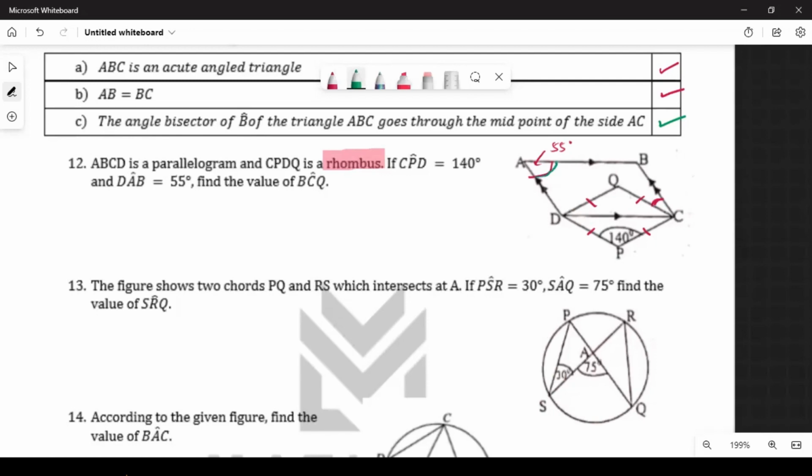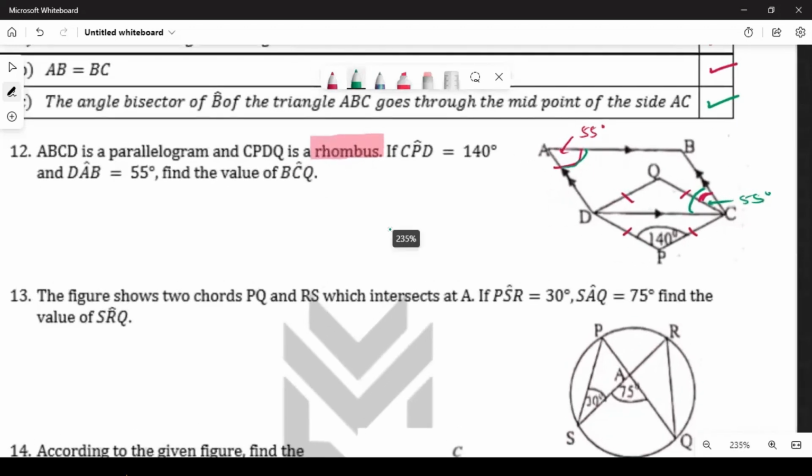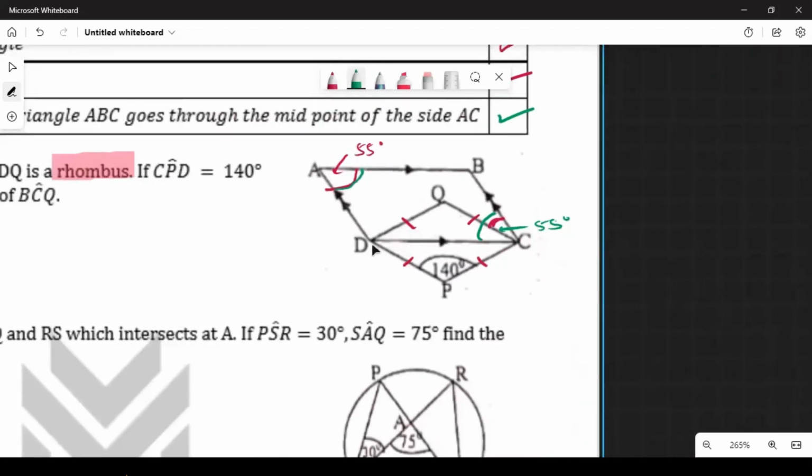Therefore, if this is 55 degrees, this entire angle of the ABCD parallelogram is 55, which means this big angle is equal to 55 degrees. And if you take the CPDQ rhombus, it is also a type of parallelogram. If it is a parallelogram, definitely the opposite angles are equal. So this one should be 140.